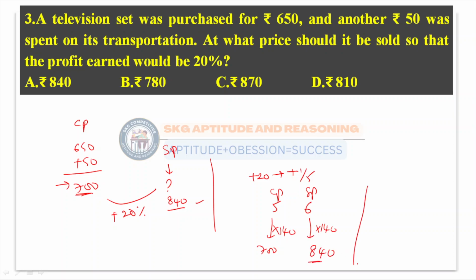This is another way of solving. Or otherwise, you can also solve it using the formula approach: percentage profit equals SP minus CP divided by CP into 100. If we substitute in this formula, you will get the same answer. But prefer the first methods for easy answering and saving time.